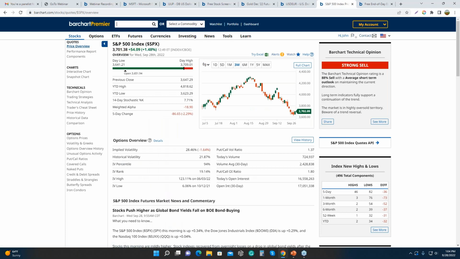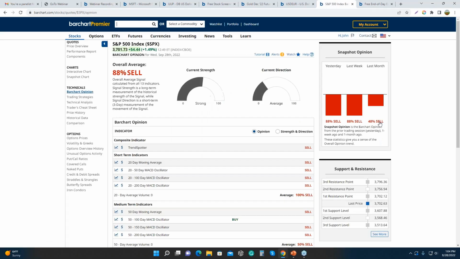So here is the S&P index, and I just wanted to show you again. Here's our technical indication page, and I'm going to open that up, and we're going to talk about what it's all about. So first of all, we have what is called the overall average, or the overall opinion.